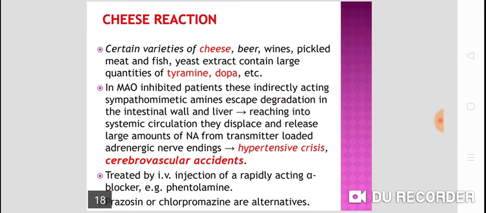Now after that, cheese reaction. Now what is this cheese reaction? Certain varieties of cheese or beer, wines, pickled meat, yeast extract, fish, they contain large quantities of tyramine. So, what is the function of monoamine oxidase?